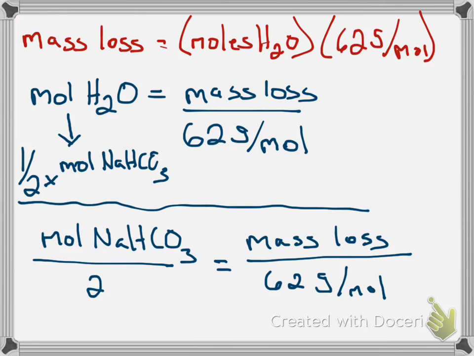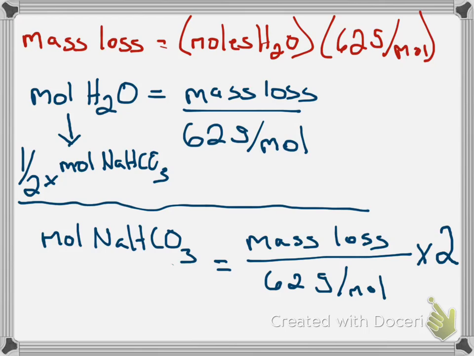Alright, now one simple last step here is to get that 2 out of there, and we're just going to multiply both sides by 2 in order to achieve that. So let me get the 2 out of here and place it on the other side, so we're going to multiply. Alright. So what's this giving us? Well, this is our final goal. What we'll now know is if we know how much mass loss there is, and that's an easy number to find, because you'll have your mixture, you can heat it.